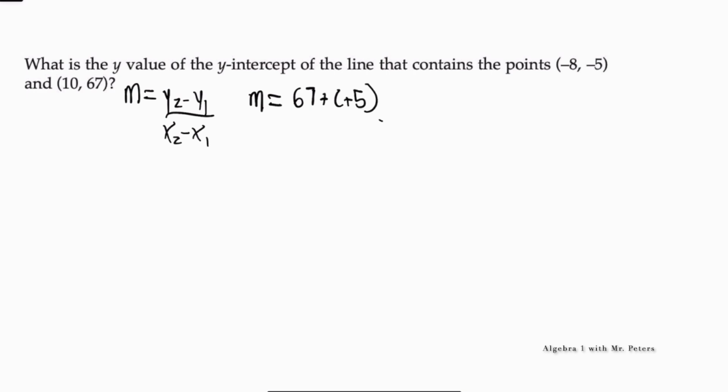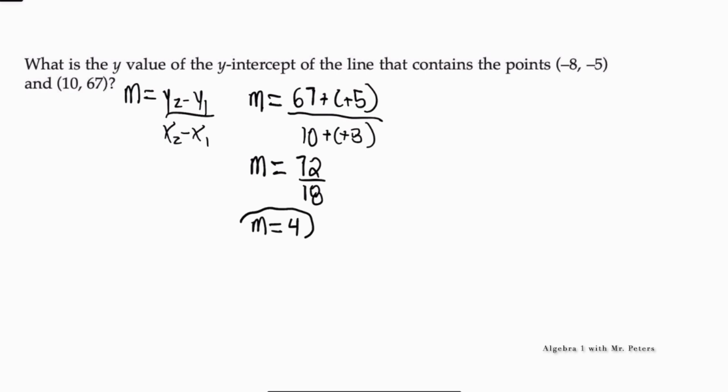Turns into addition, over 10 minus negative 8. Same thing happens on the bottom, turns into addition. So now we know m is going to be equal to 72 over 18. And anytime you have a fraction, y'all already know, always try to see if you can reduce to lowest terms. M is equal to 4.